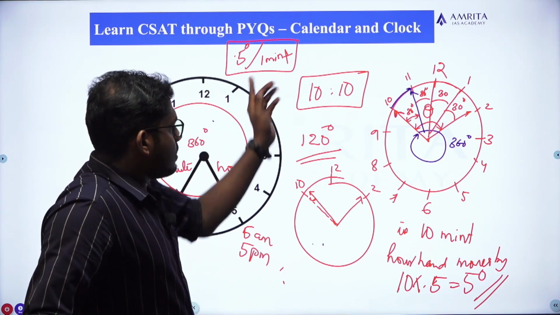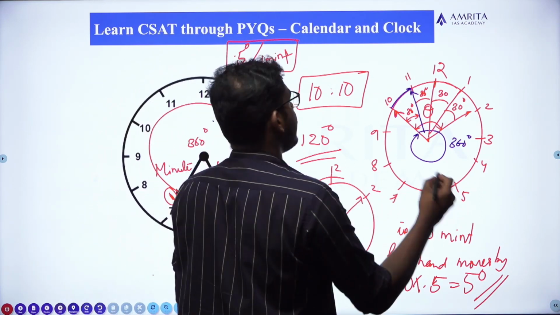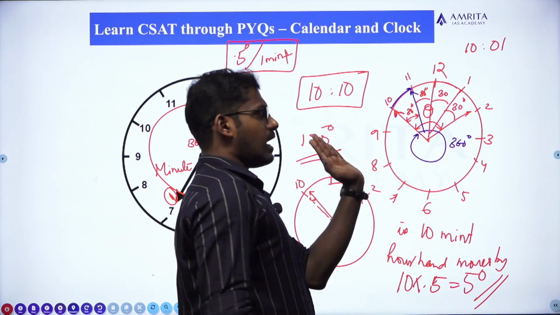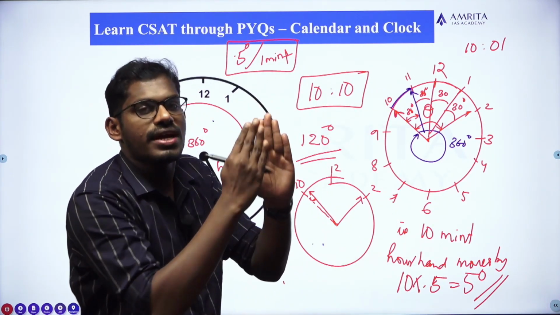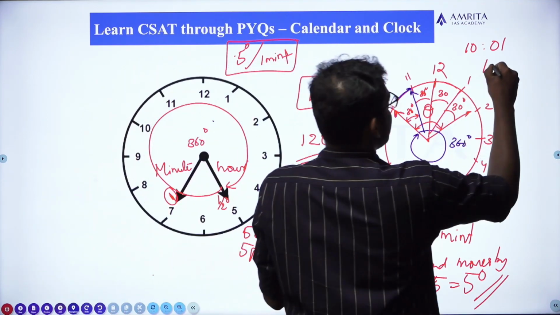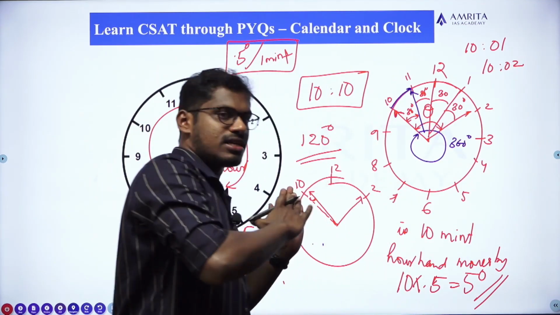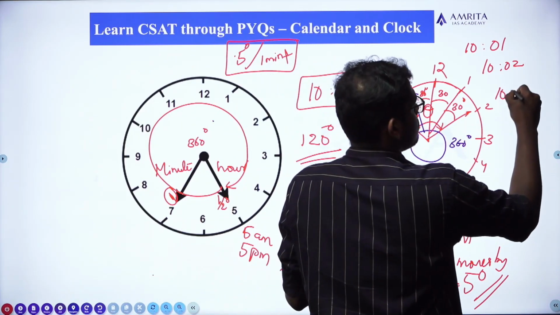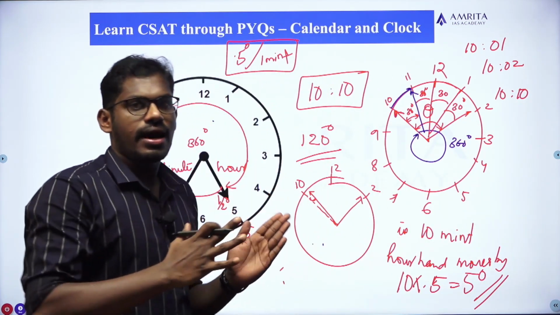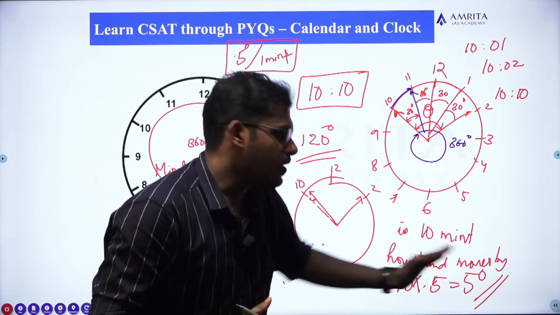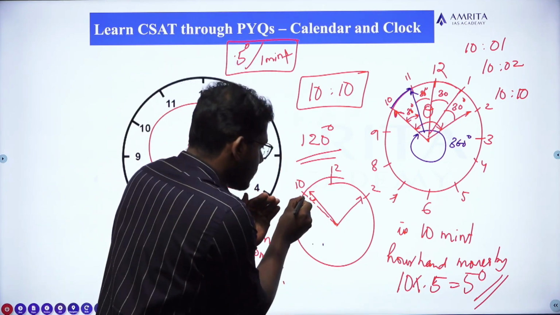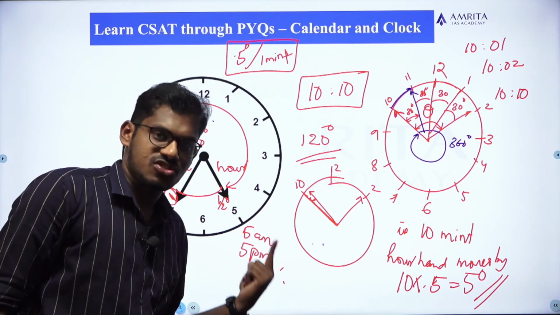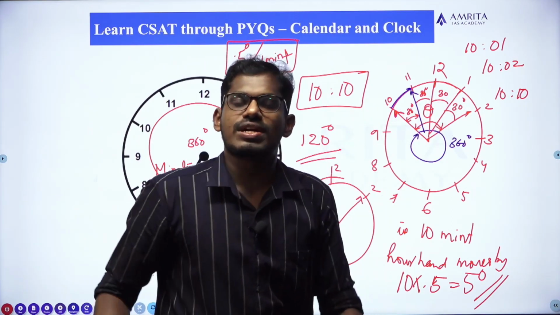So when it is 10:1, the hour hand moves 0.5 degree towards the right. When it is 10:2, the hour hand moves a further 0.5 degree towards the right. When it becomes 10:10, the hour hand has already moved 5 degree towards the right from its initial position. So that 5 degree has to be subtracted from the total 120 degree.